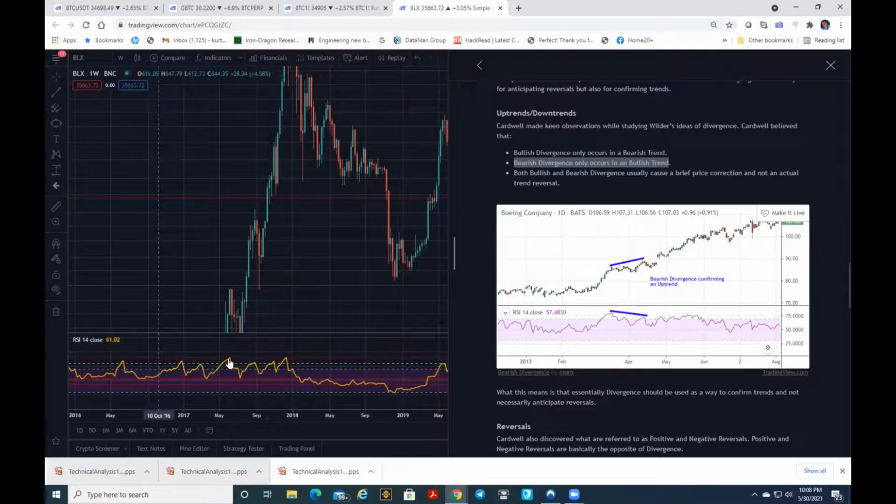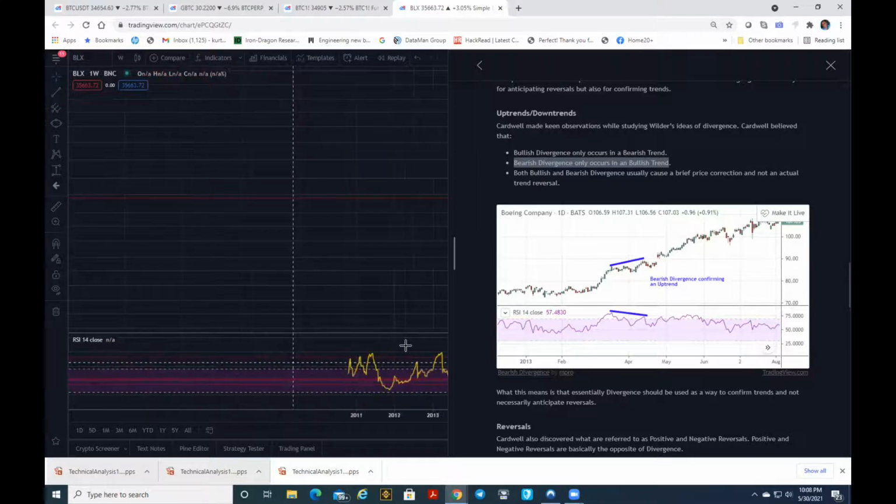I would say that the highest price point, like the highest mark on the RSI, something getting up to like the 80 or 90 zone, if you see bullish divergence up there or bearish divergence up there, or bullish divergence down in like the 20 or the 10 zone, that's a guarantee that it's going to reverse at that point.